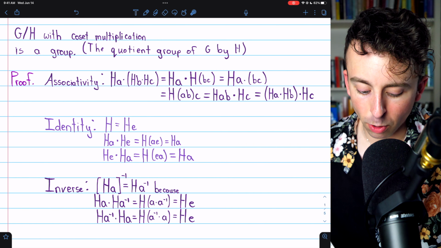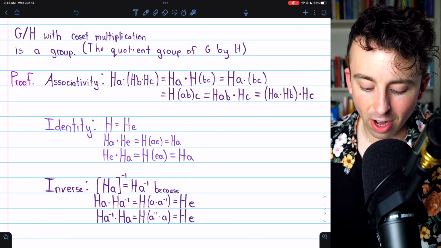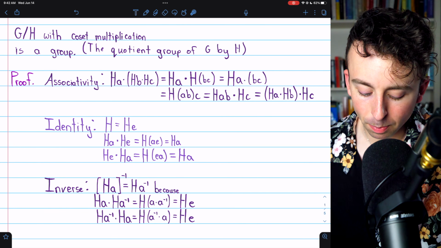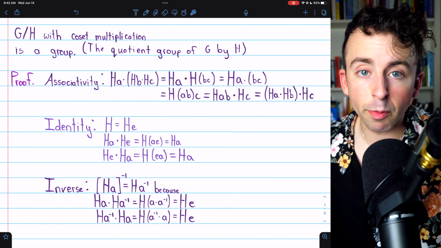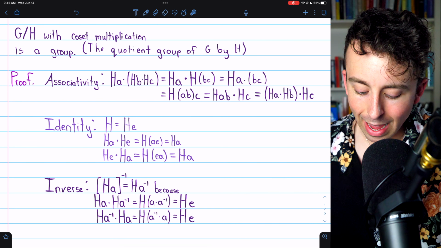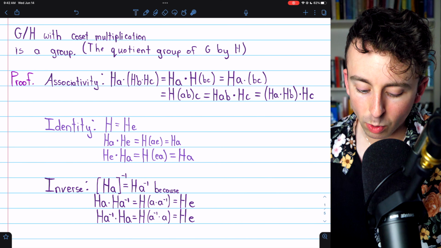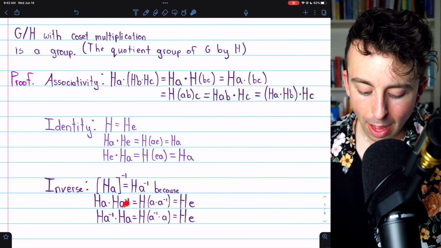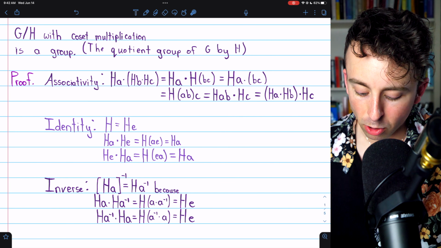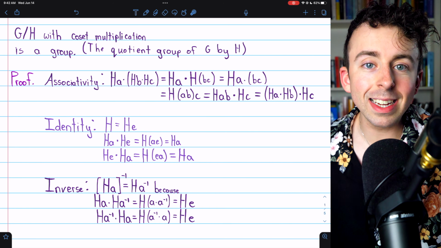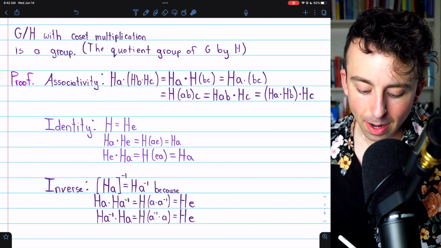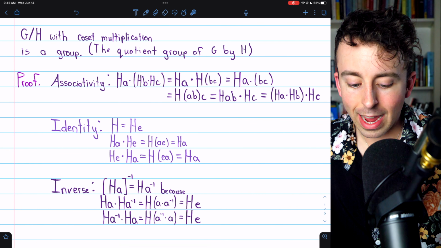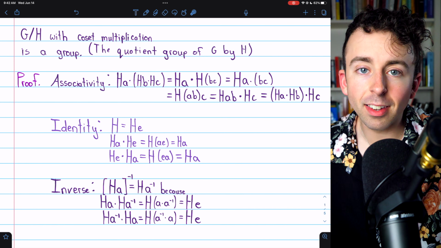And we know that this is true, that the inverse of the coset HA is HA inverse, because if you take HA and multiply it by HA inverse, by definition of coset multiplication, you get H times A A inverse, which is the identity HE. The same thing happens if you multiply by HA inverse on the left. You just end up with HE. So indeed, the inverse of any coset HA will be HA inverse. That establishes that G mod H with coset multiplication is a group.